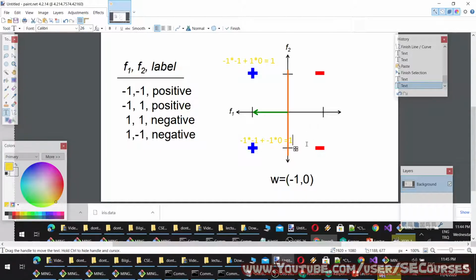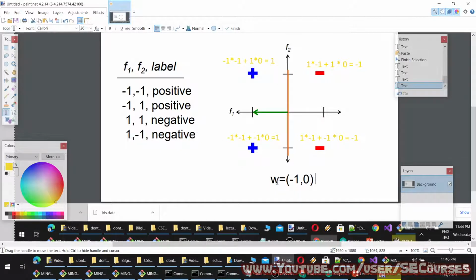This one is equal to 1. This is also correct. And this one is 1 product -1 plus 1 product 0, which is equal to -1. This is also correct. And this one is 1 product -1 plus -1 product 0, -1. So you see, each one is correct at the moment.